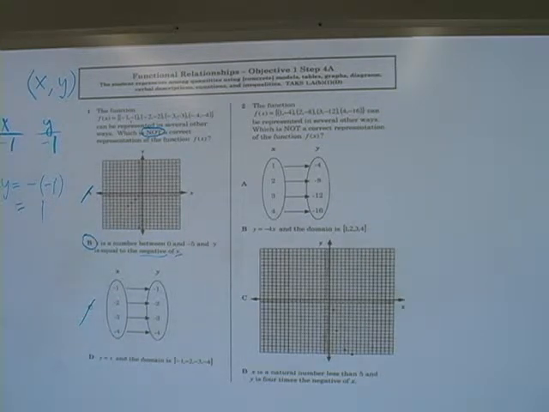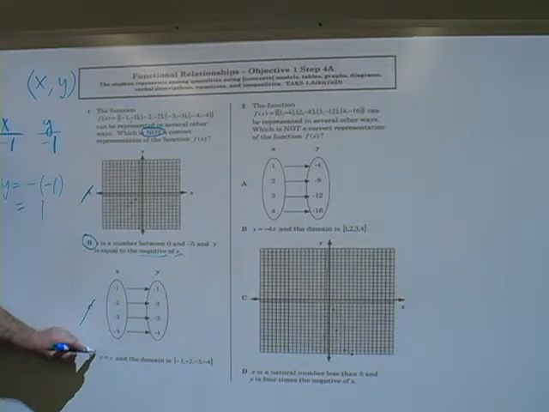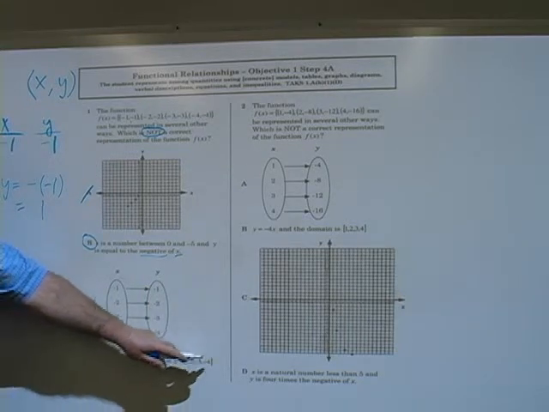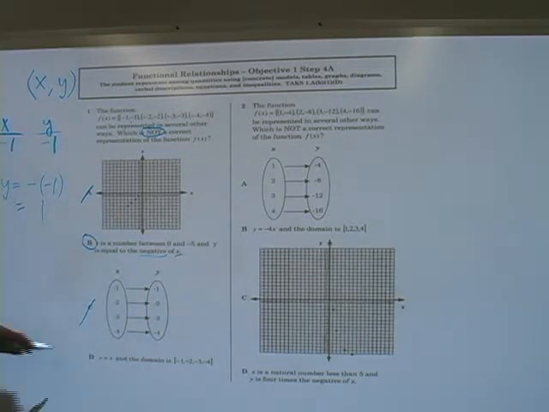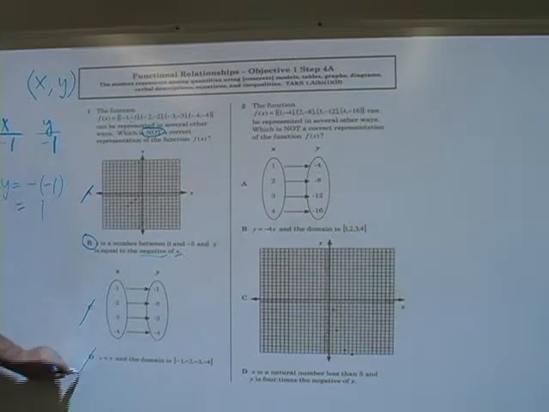Domain and range. The domain is the set of all x values. It's the first one. And the range is the set of all y values. So this one is true. Y equals x, and the domain is -1, -2, -3, -4. So since it's true, then it's not the answer. So it is answer C.